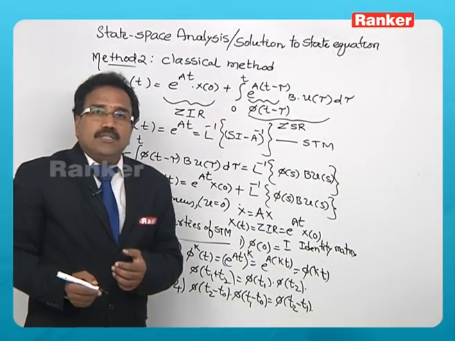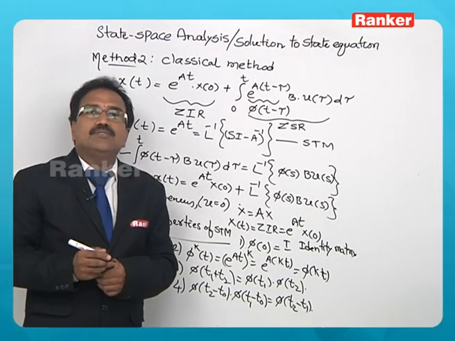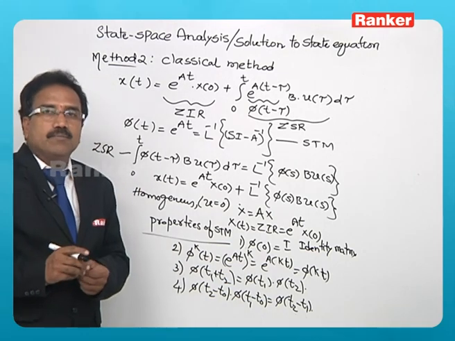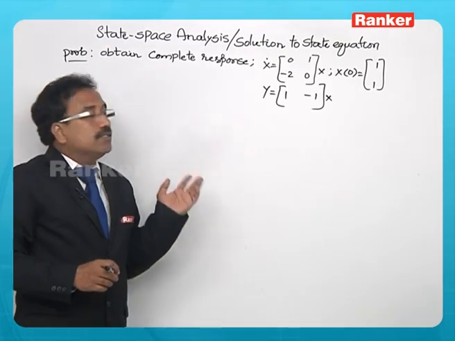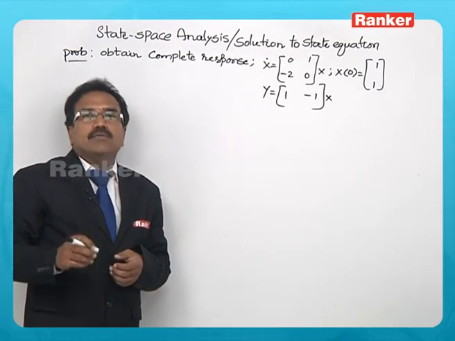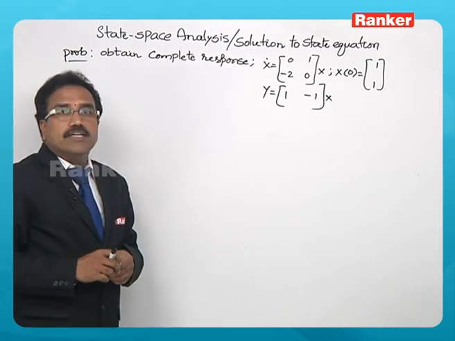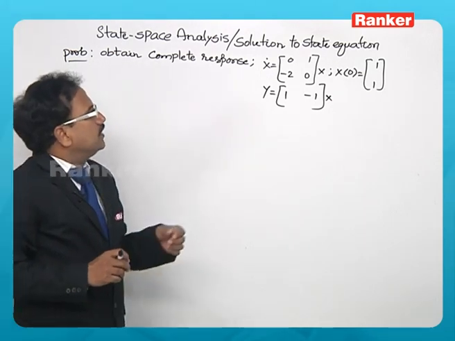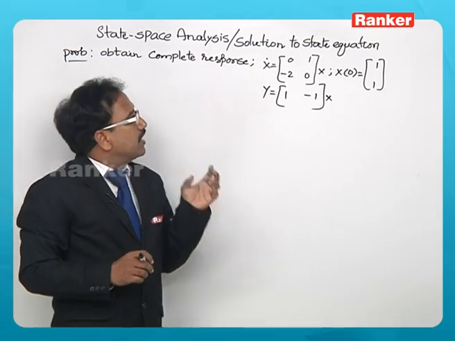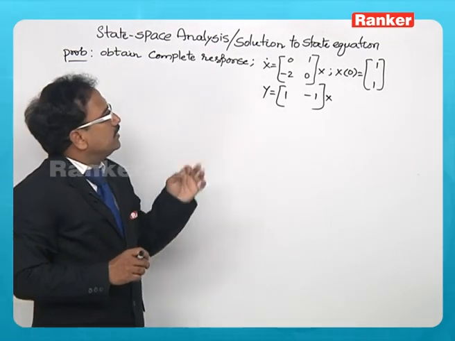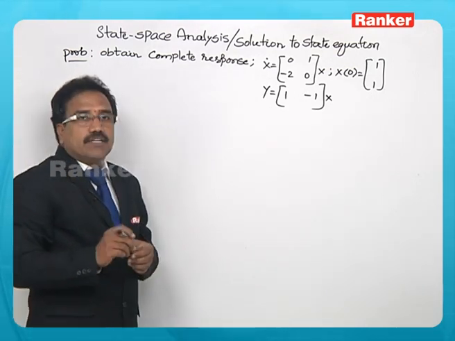So, these are the properties of the state transition matrix, which help to find the solution when the system is described by a state equation. So, how do we obtain the complete solution, or the time response, when the system is described by a state equation? When you look at the equation, x dot is equal to A matrix times x, there is no second term, that is the input vector part.